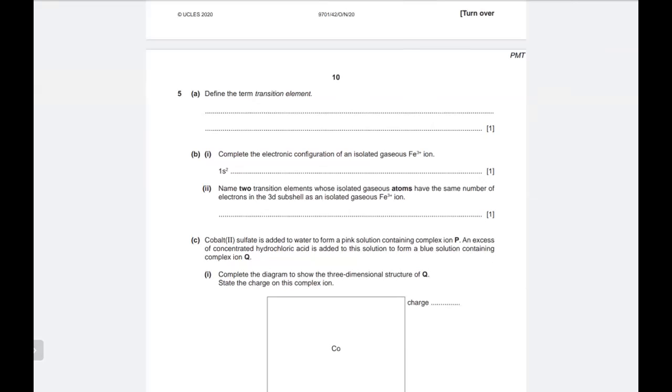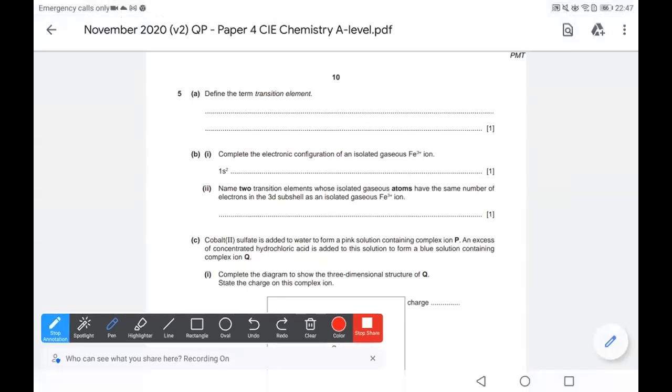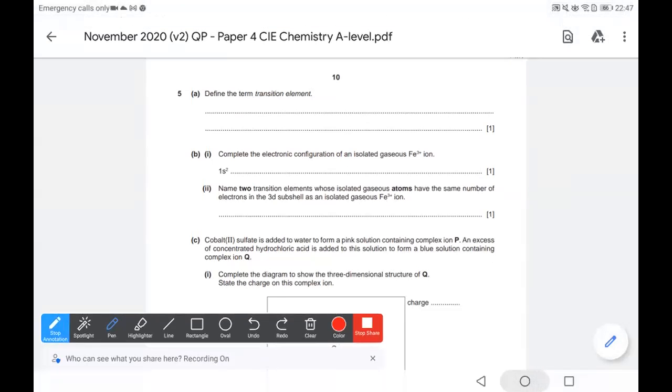Complete electronic configuration of the isolated gaseous Fe3+ ion. We can take Fe first. Fe is 26.